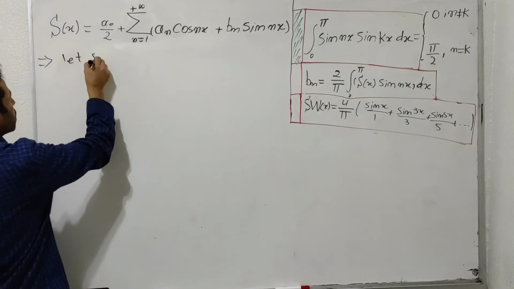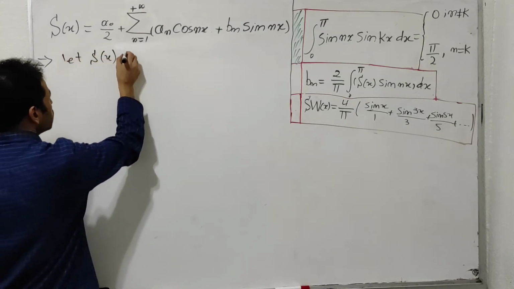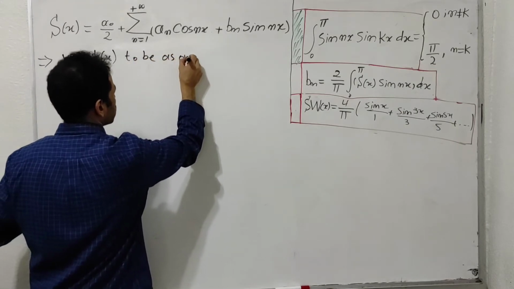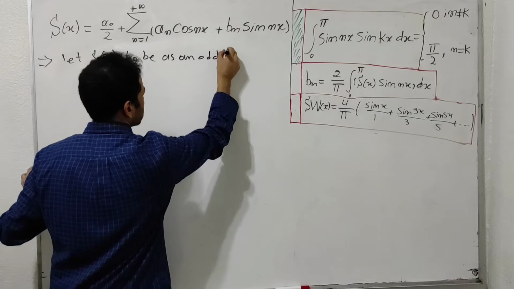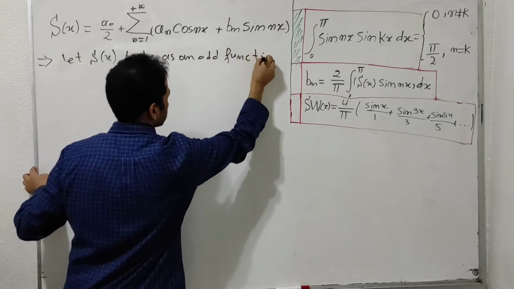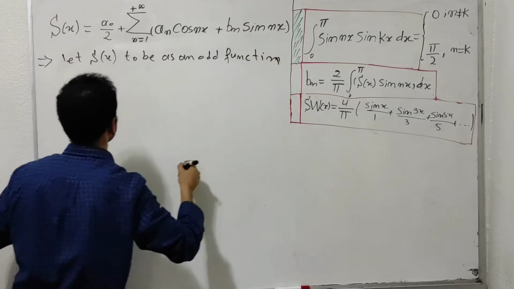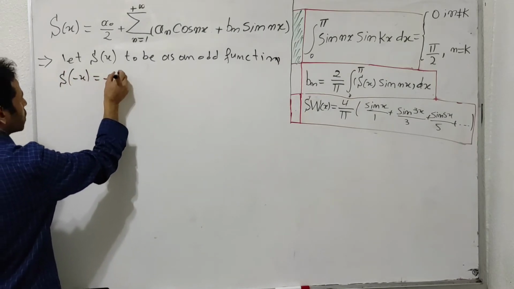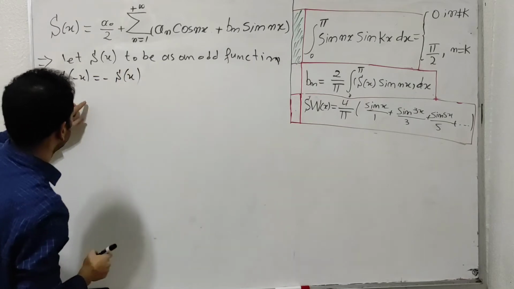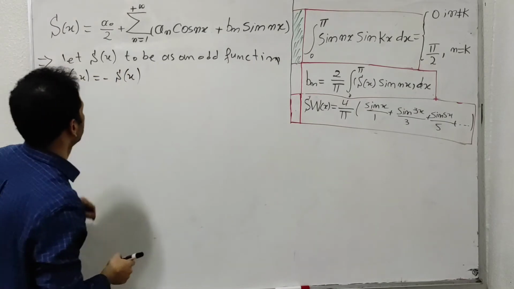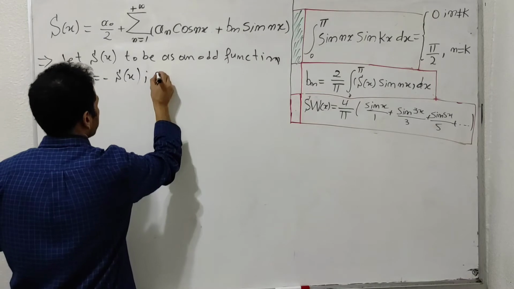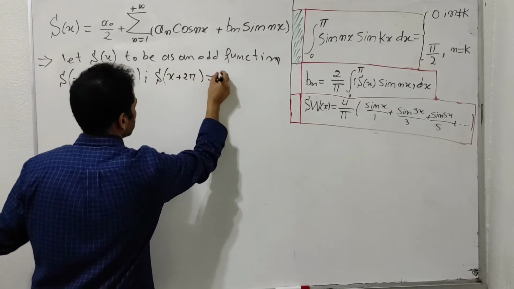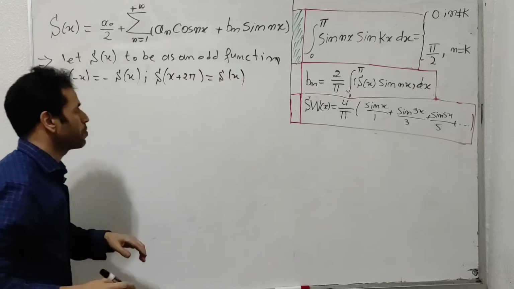Let s of x be an odd function. This means s of minus x equals minus s of x, because this is the odd function rule. The second rule, we have s of x plus 2 pi equals s of x, because the function is a periodic function.